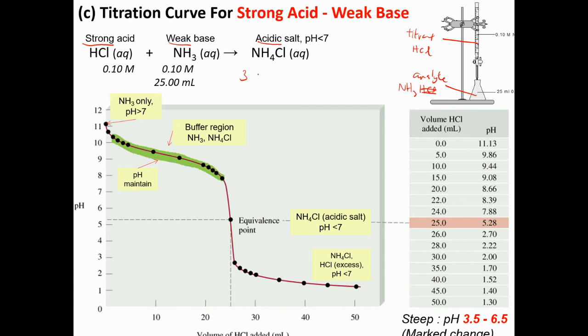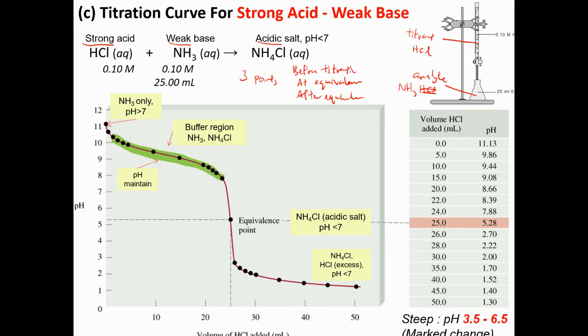If not the strong acid and strong base, we have 3 points to draw. That is when before titration begins, another one is at equivalence point, another one is after equivalence point.